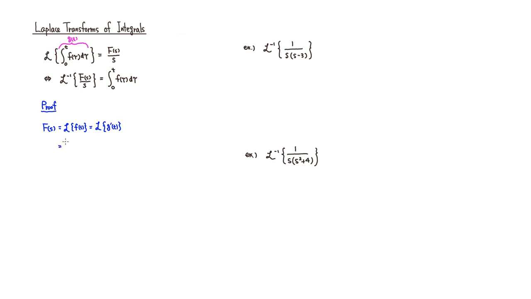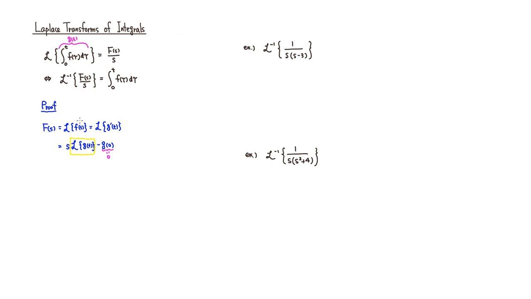So this is going to be s times the Laplace transform of the original function g of t, minus g of 0. But in this case, if you plug in 0 here, it's an integral from 0 to 0, so g of 0 is just 0. Then what we are looking for is the Laplace transform of g of t.